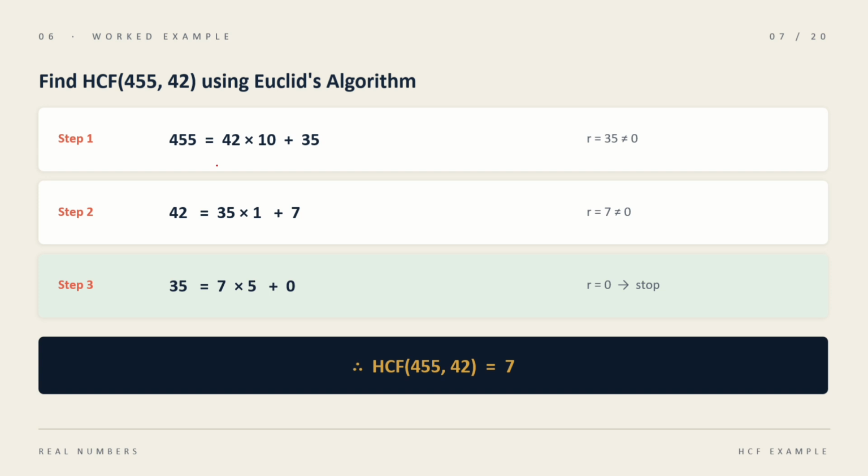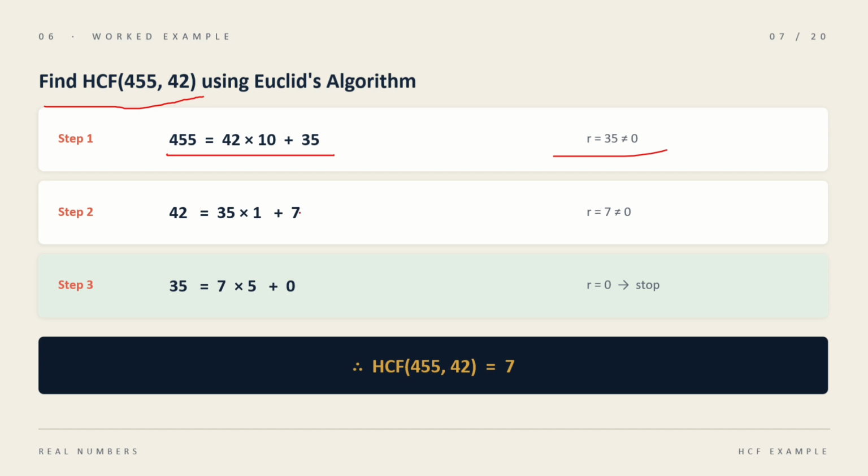Next slide. Let's take an example: using the Euclid algorithm we can find the HCF of 455 and 42. So let's break down 455 and 42 into 42 times 10 plus 35. R is equal to 35, that is not equal to 0. Again replace: 42 comes here and 35 comes here.